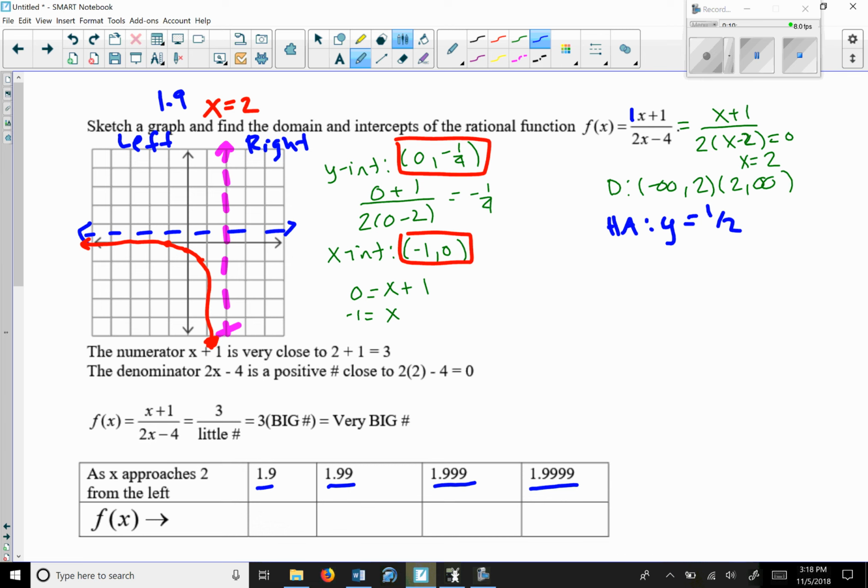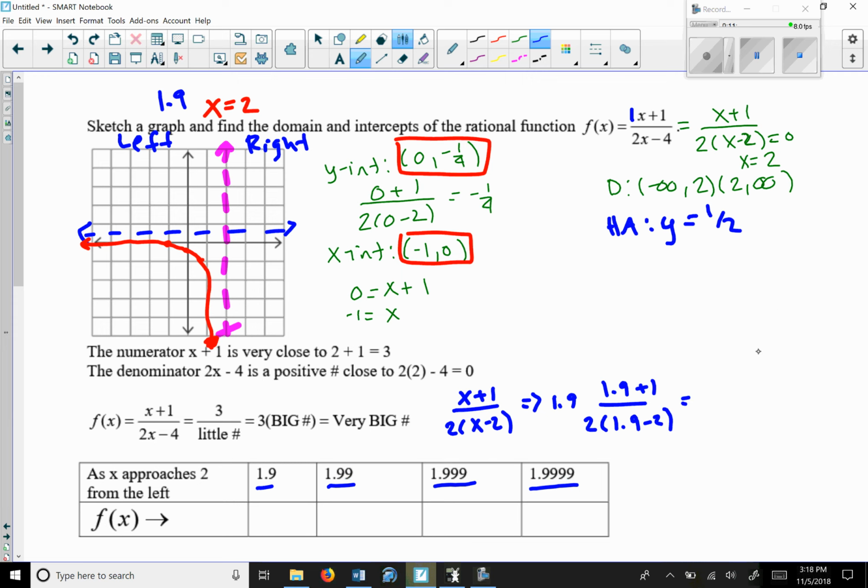So let's actually use the big little concept first. If I were to plug 1.9 into my equation, I'm going to plug it into my factored form. So we have (x + 1) over 2 times (x - 2). If I plug in 1.9, I get (1.9 + 1) over 2 times (1.9 - 2).